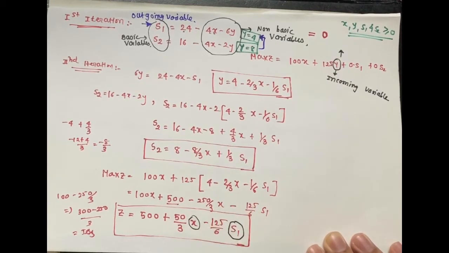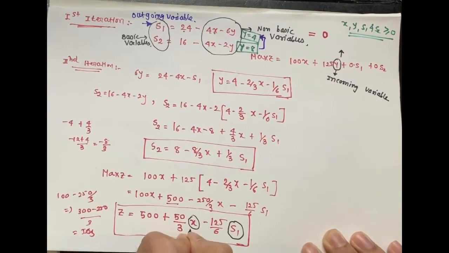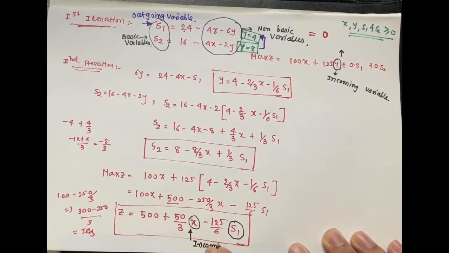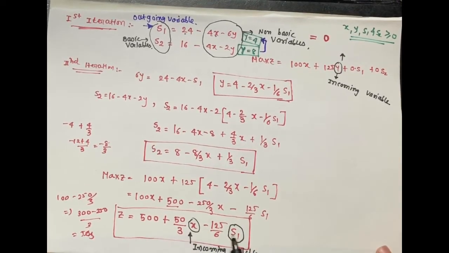I cannot decrease that value, but here it comes with the positive sign, so I can increase the value of x so that I can increase the maximization function max z. Yes, so x should be selected here as my new incoming variable.